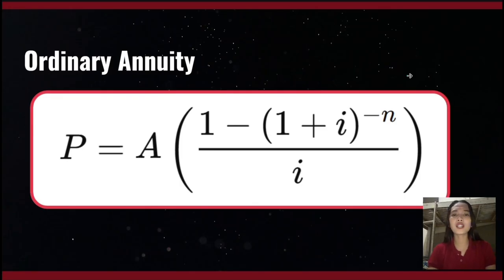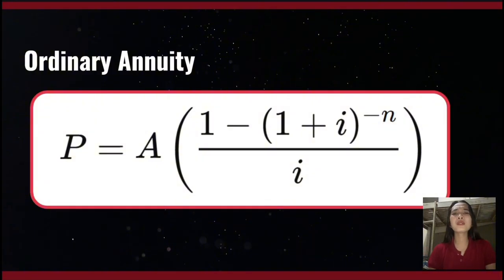So this formula is much simpler, and here's why. In perpetuity, the payments continue forever, right? So we no longer need this term, because there is no end to count. Why don't we need it? In the ordinary annuity formula, this part is used to discount future payments, because we need to know how much money we'll receive over a specific number of years and how much that is worth today.